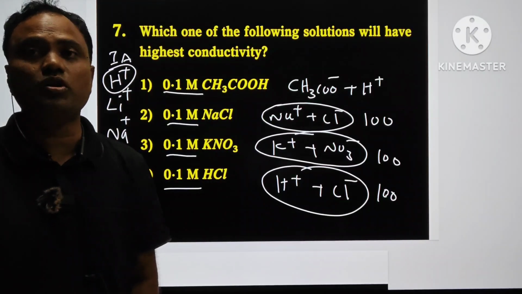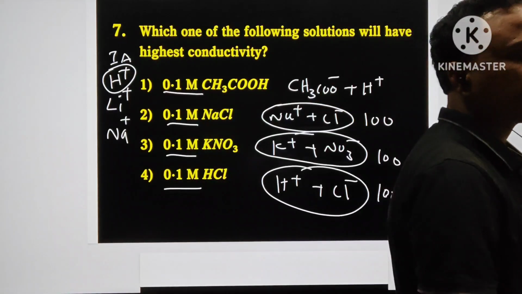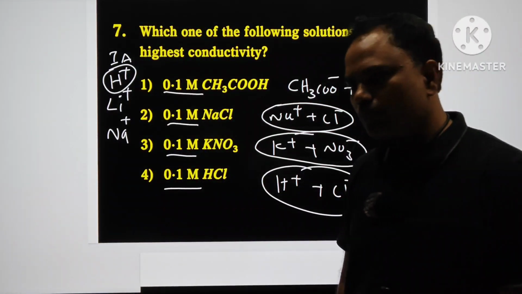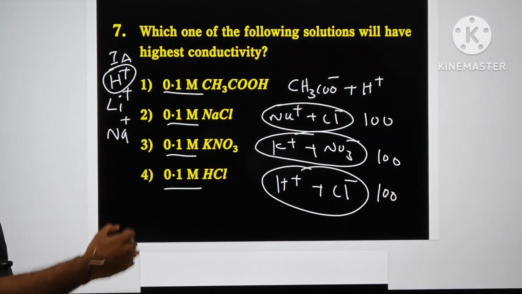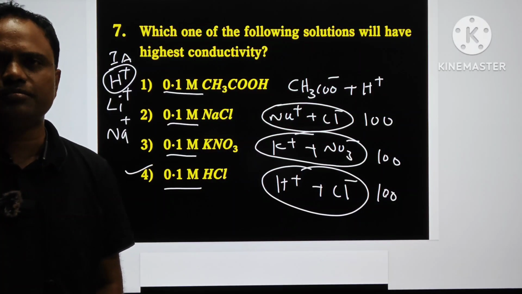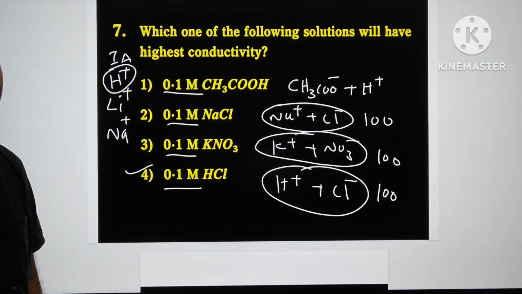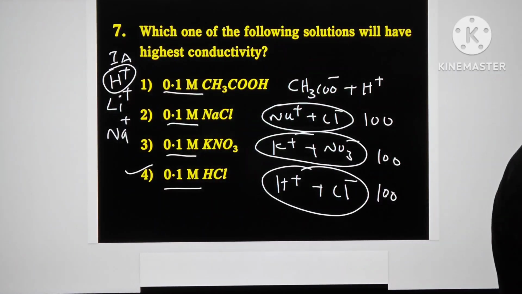H plus has the smallest size. If size is small, mobility is more, then conductance is more, more current. So what is the answer? 0.1 molar HCl is the correct answer. Clear? Very important. H plus ion's size is small, mobility is more, conducting capacity is more.